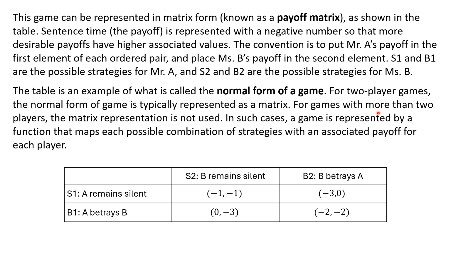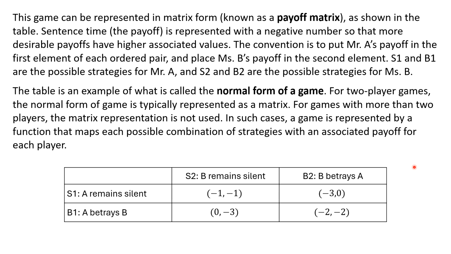In such cases, a game is represented by a function that maps each possible combination of strategies to an associated payoff for each player. And the other thing I wanted to mention, which I didn't on the last slide, is that A and B both know what offer was made to the other party, so they can reason as to what they should do based on what they might think the other party would do.